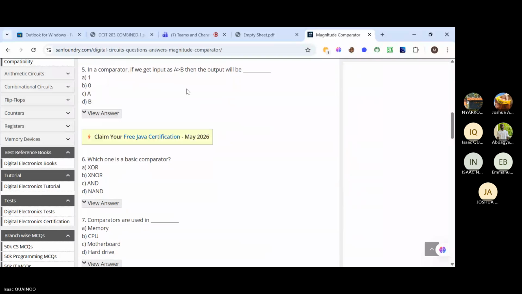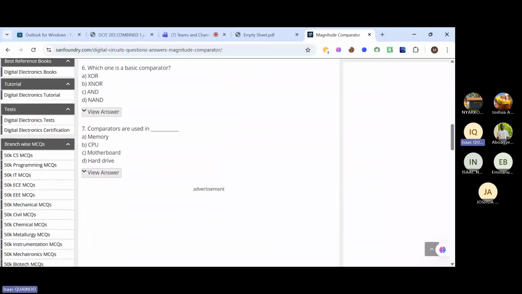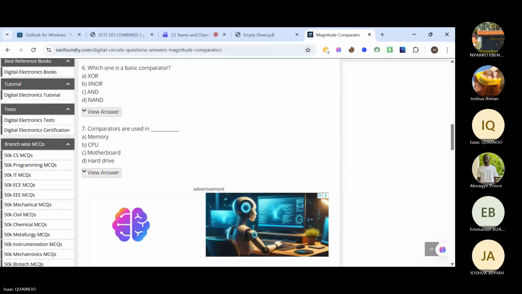Okay. So question 6, which one is a basic comparator? A, XOR; B, XNOR; C, and then D, NAND. XNOR. Yes, XNOR, exactly.